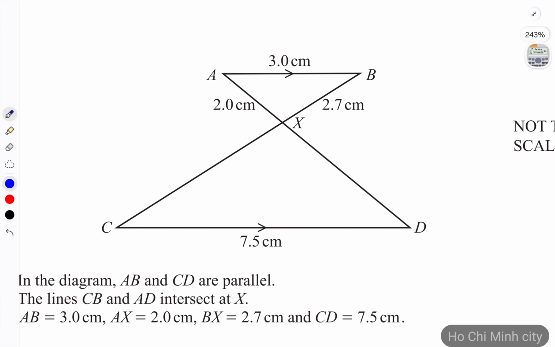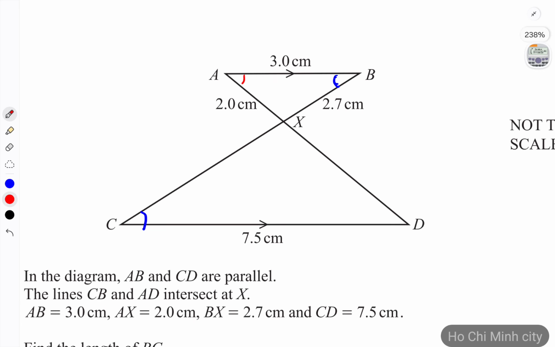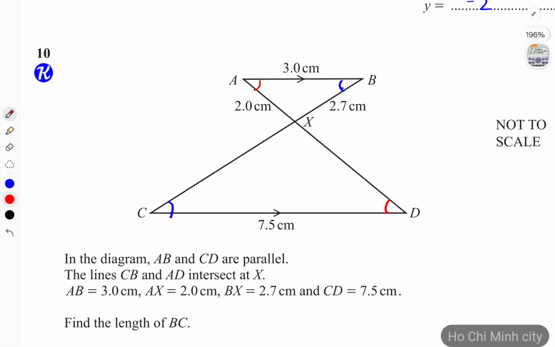Because we have two parallel lines, it means that these two angles are equal because they are in the alternate position, and these two angles are equal. So we have two pairs of angles equal in size, so these two triangles would be similar.